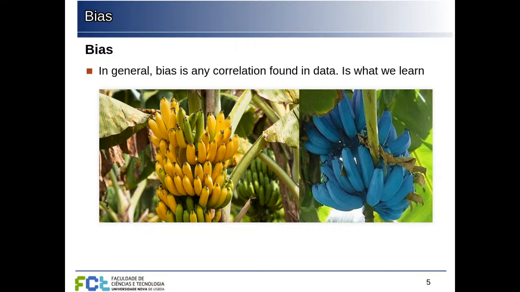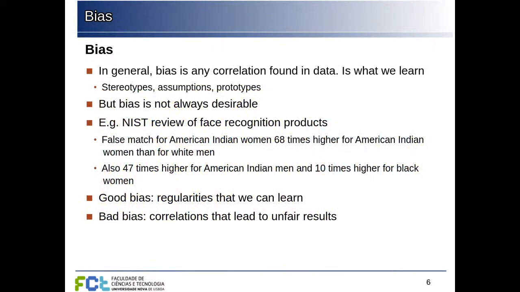So we cannot really say that we are going to throw away bias, remove bias, or something like that, because in that case we will not have information about the data and there is nothing that we can learn. So all of these stereotypes, all of these categories that we make in our minds to understand things, those are fundamental, even if they are always biased, because we need those things to generalize, to learn something.